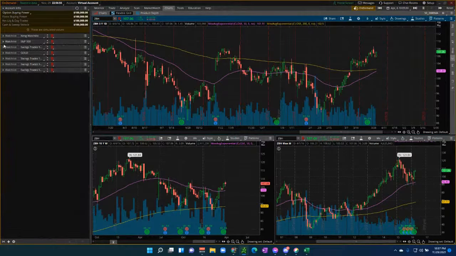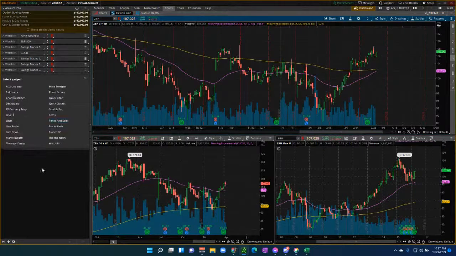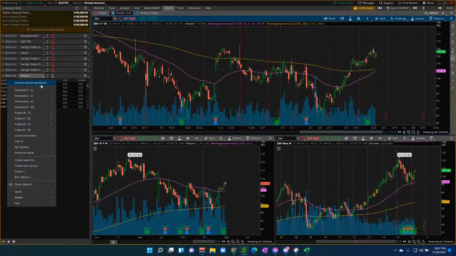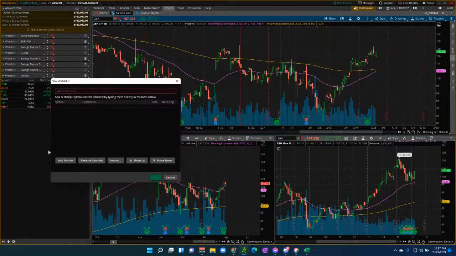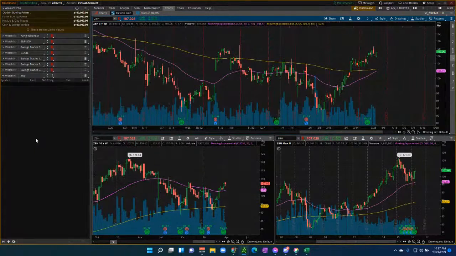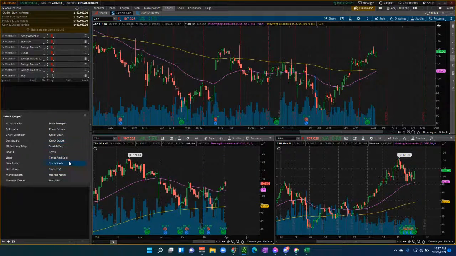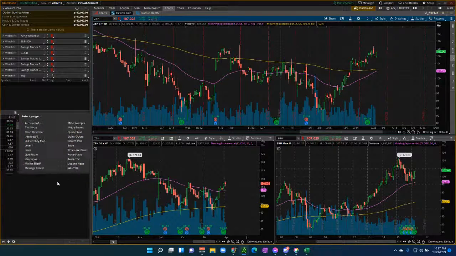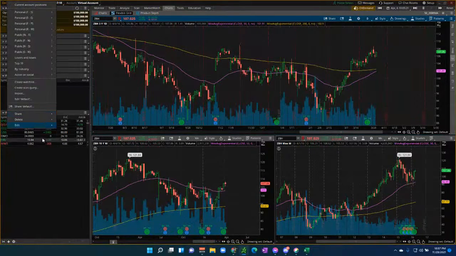$100, right? So let's make another list right here of potential things to buy for this session. So this is two watch lists. One is buy and one is watch, just in case I have things that I want to just watch, right?